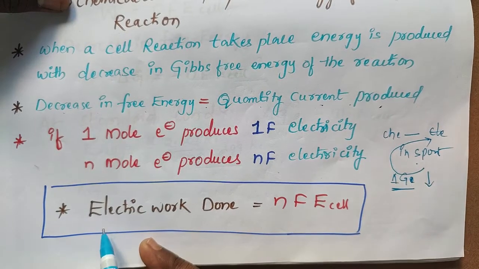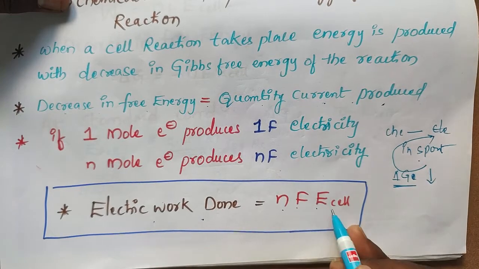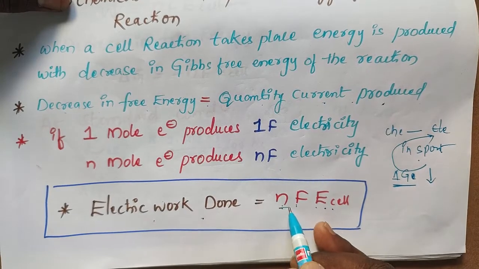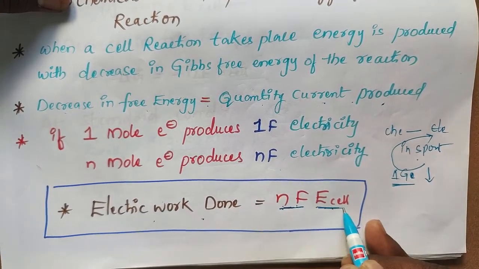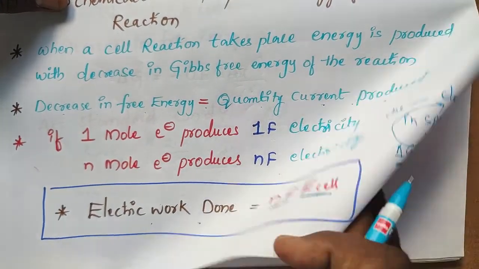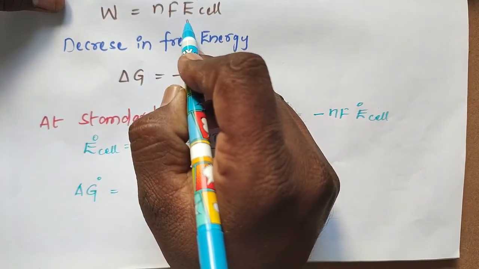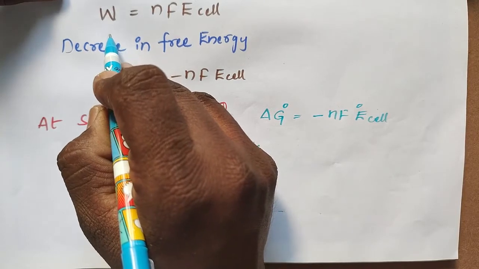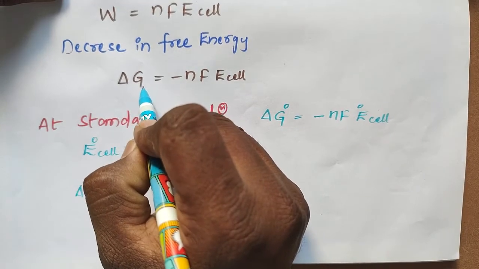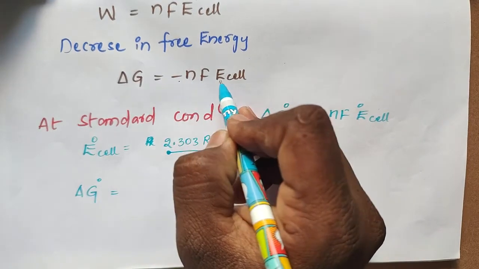So finally, electric work done equals nFE cell, where n is the number of Faradays and E cell is the potential. Since this work is taken as a decrease in free energy, in place of W we take delta G, and we introduce a minus sign, so delta G equals minus nFE cell.